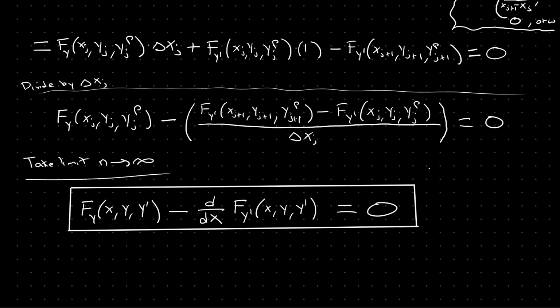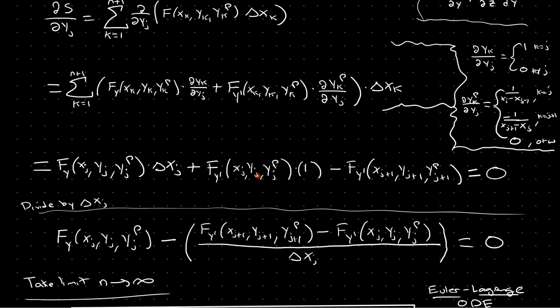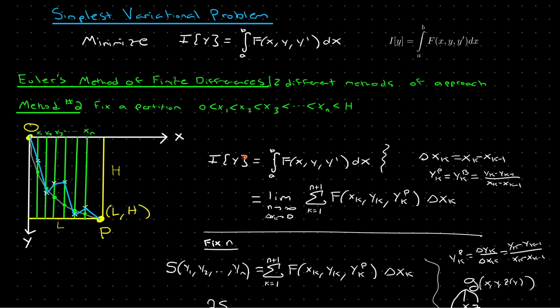So important, in fact, that I'm going to box this equation. This is called the Euler-Lagrange equation, or the Euler-Lagrange ODE for the functional defined previously, defined as the integral of f.